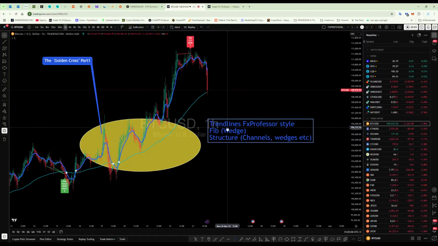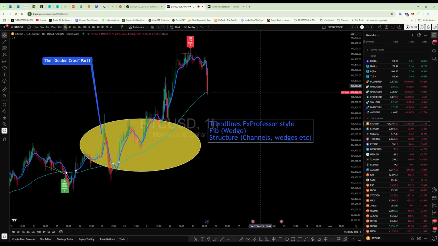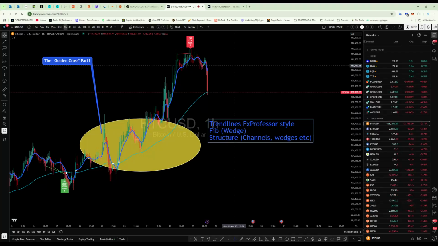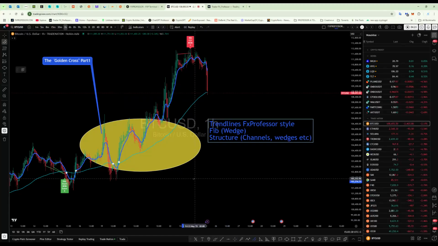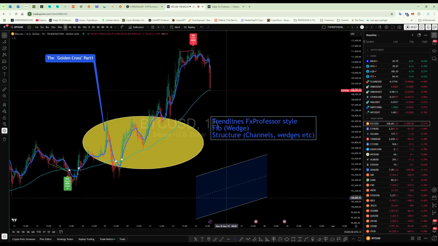All this trend line, for example, a trend line up there, price goes there, it means I'm looking for a reversal. Fibonacci, the same. Structure, the same. Just in case some of you don't understand what I mean by this, you have the price going into an ascending channel. You go long here. You go short if you see a rejection there.